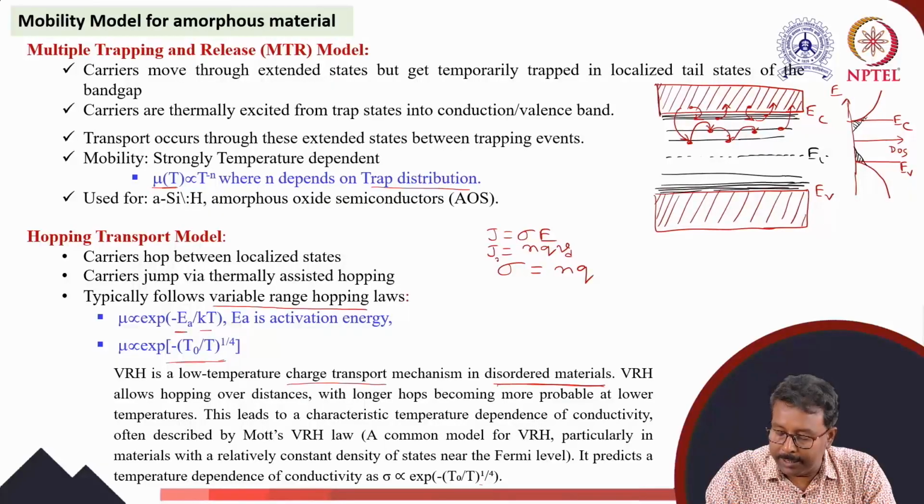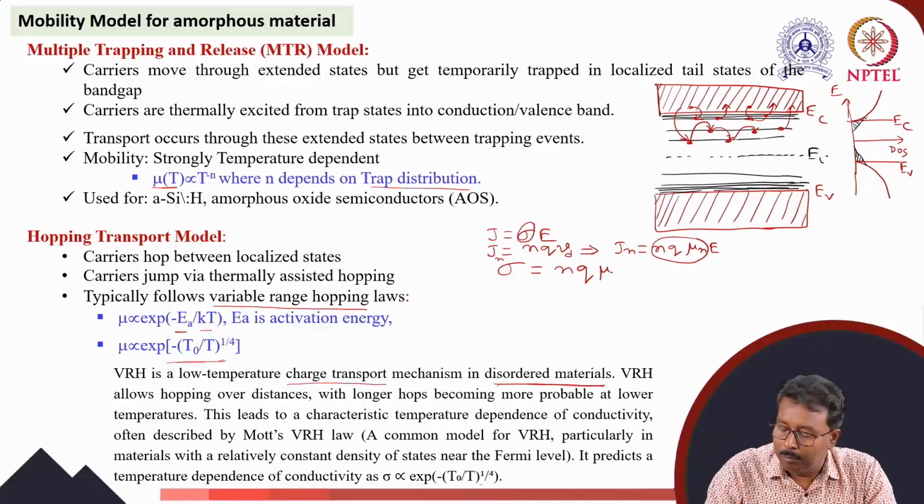If we write Jn, the drift value, it is n, the concentration of carrier electrons, times q times mu E, since v is nothing but mu times E. So J equals sigma E, and J equals this into E. That means sigma equals n q mu n for n-type material.